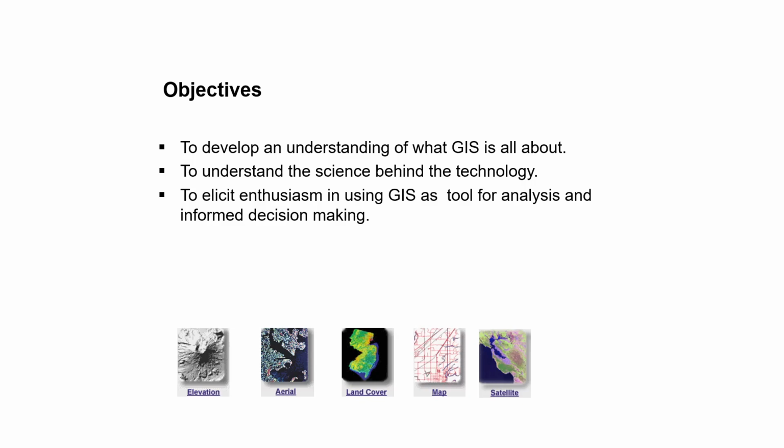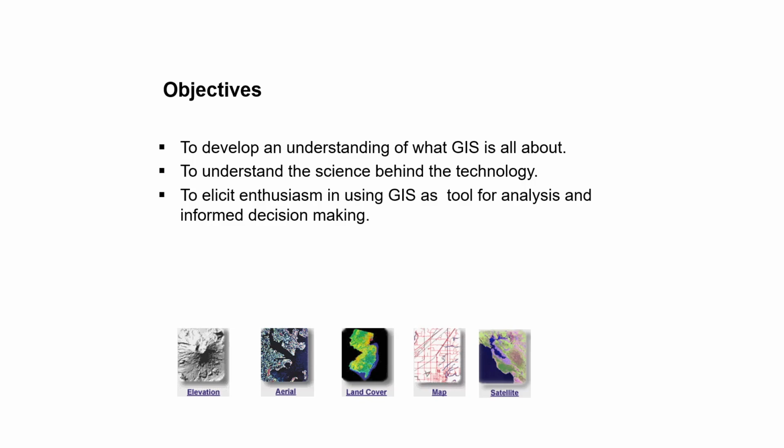So the main objectives of GIS are to develop an understanding of what GIS is all about, to understand the science behind the technology, to elicit enthusiasm in using GIS as a tool for analysis and informed decision making.